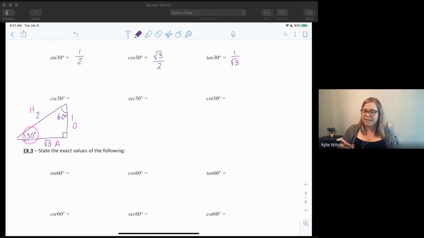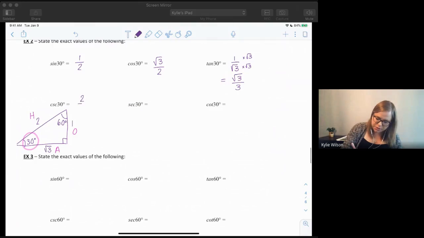Now again, we don't like to have radicals on the bottom. So I'm going to multiply the denominator and the numerator by root 3. That will give me root 3 over 3, like that. And now let's do our other ones. Our cosecant is hypotenuse over opposite, so we'll have 2 over 1, which is just 2.